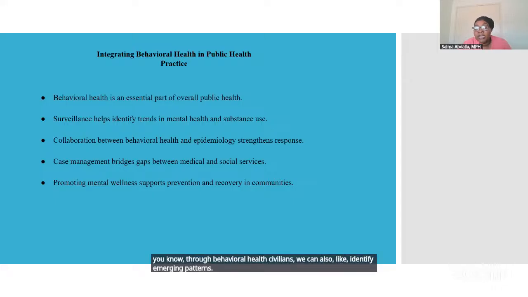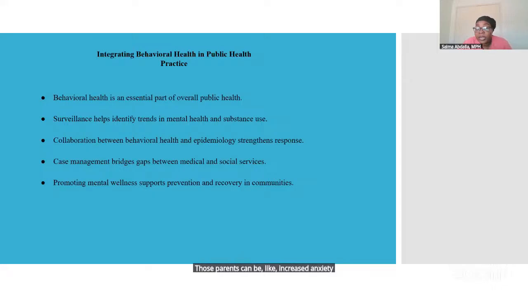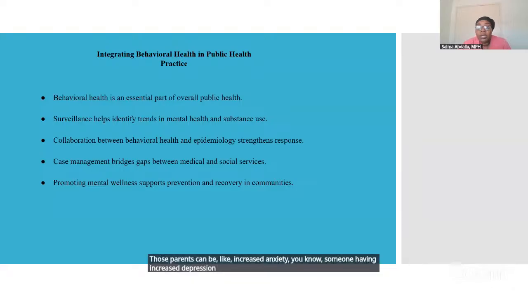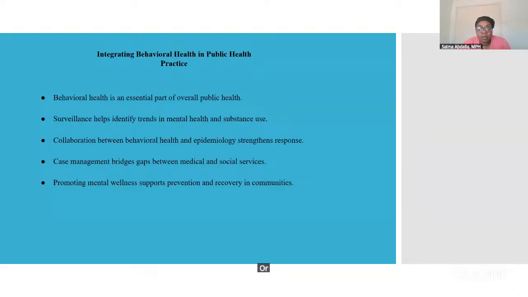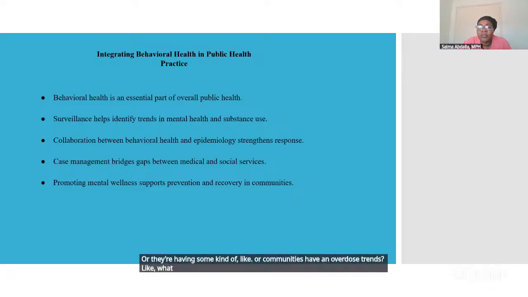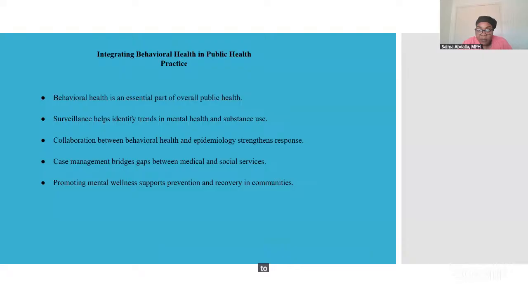Those patterns can be increased anxiety, someone having increased depression, or a community having overdose trends. What's going on? It's important to look into that and inform early intervention. What can we do as a community to get to the bottom of this? There's something going on, so we can look into it, and that aspect is important.